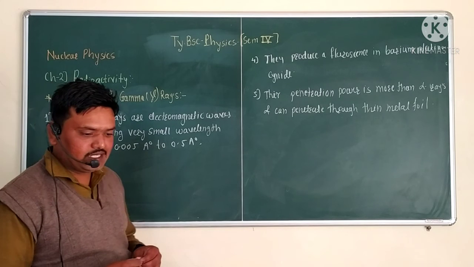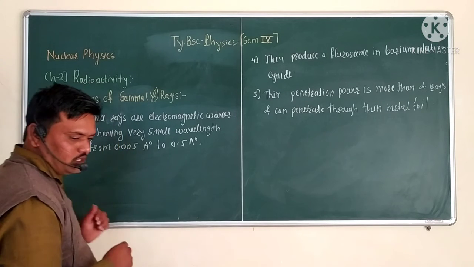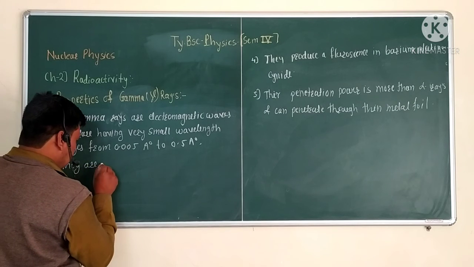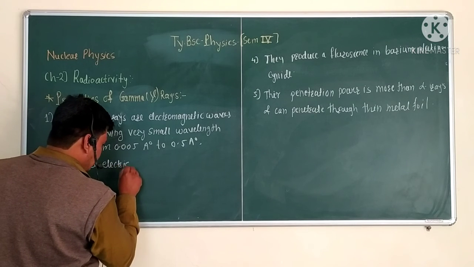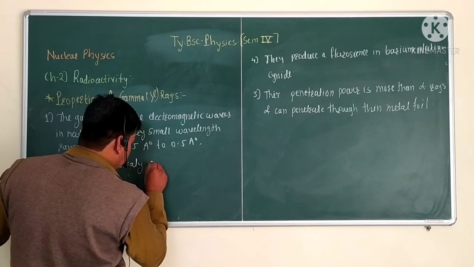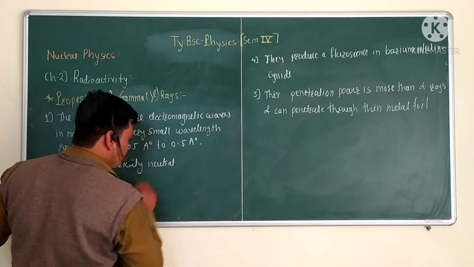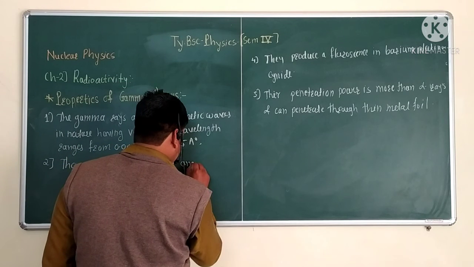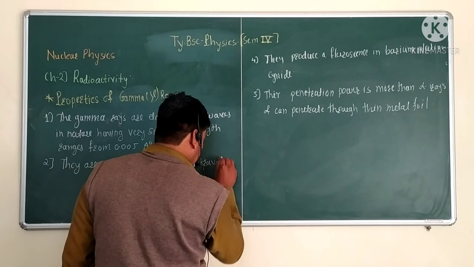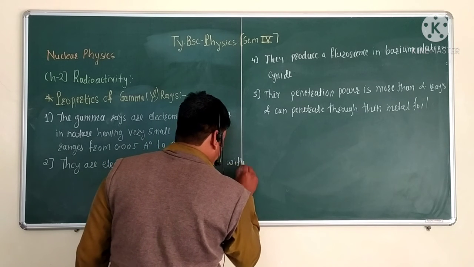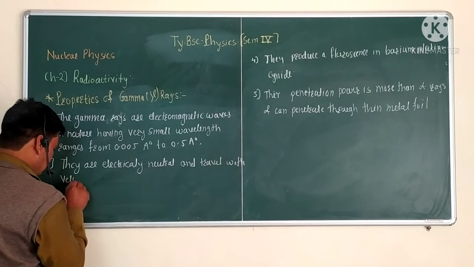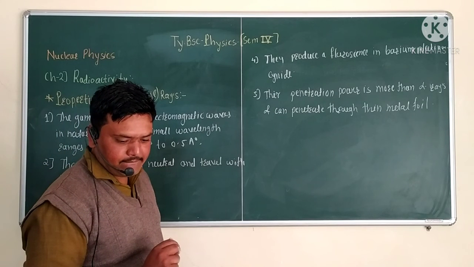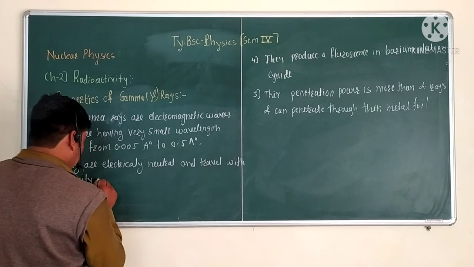The second property is that they are electrically neutral and travel with a velocity equal to the velocity of light.